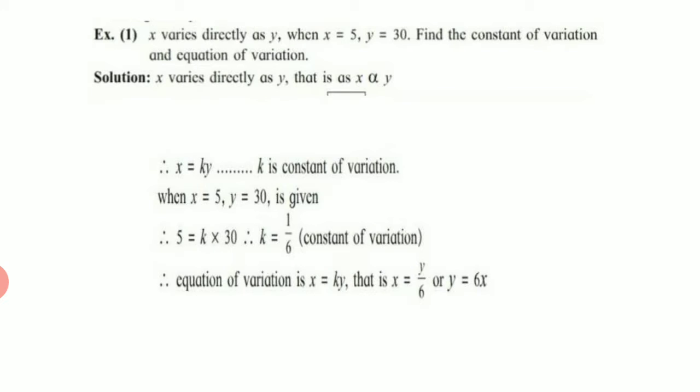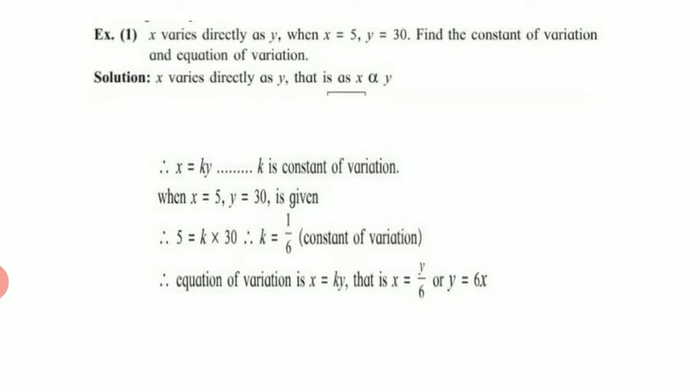To understand the methods of symbolic representation of direct variation, study the following examples. Example number 1: X varies directly as Y. When X is equal to 5, Y is equal to 30. Find the constant of variation and the equation of variation. X varies directly as Y, that is X alpha Y. Therefore, X is equal to Ky, where K is the constant of variation.